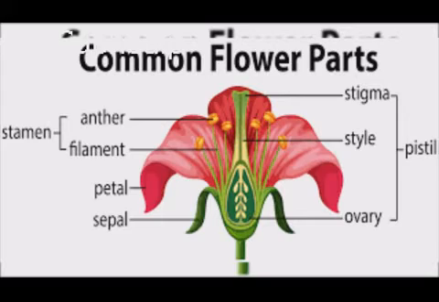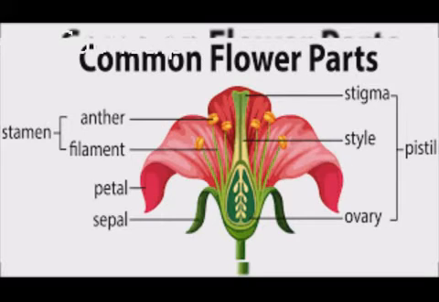Each stamen is made up of a long, elongated and thread-like filament, and a swollen bilobed structure called anther present on the filament. The anthers produce powdery structures called pollen grains, which contain the male gametes.